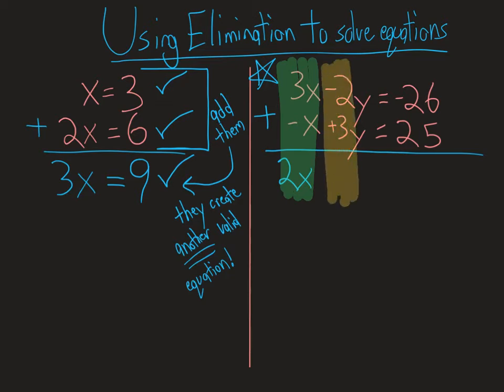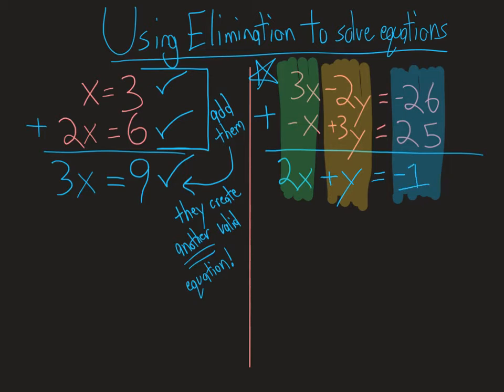Because they're like terms, the way the 2 equations are written, I'm just going to add x's with x's, y's with y's, and then constants with constants. And I'm just creating a new equation because I'm making sure to add all the like pieces together. Negative 2y plus 3y, so that's just negative 2 plus 3, so plus y. And then negative 26 plus 25, that's just negative 1.